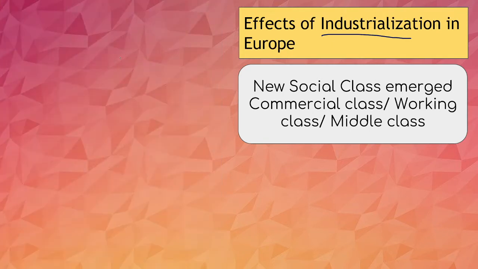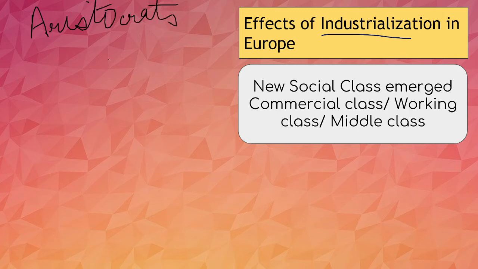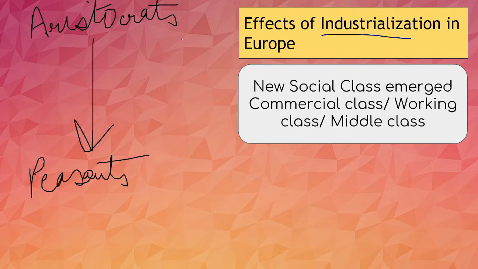At the top, as I told you, there were the aristocrats, and at the bottom we had the peasants. So these were the classes.